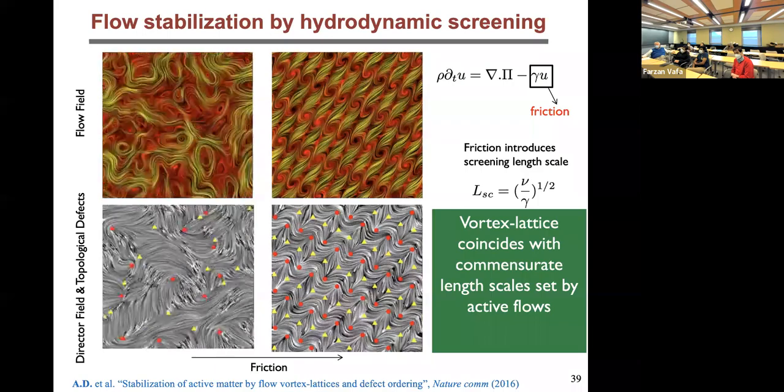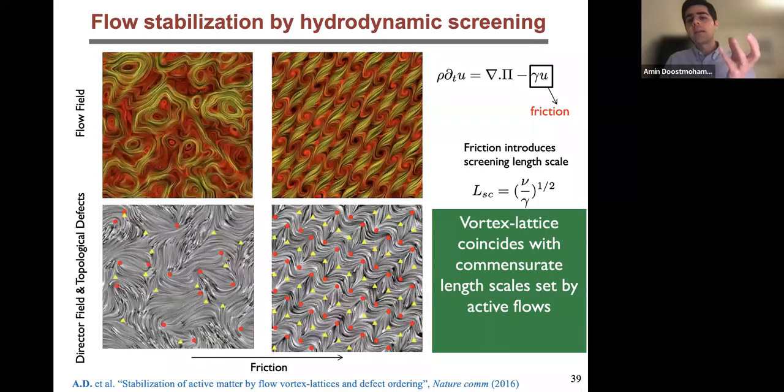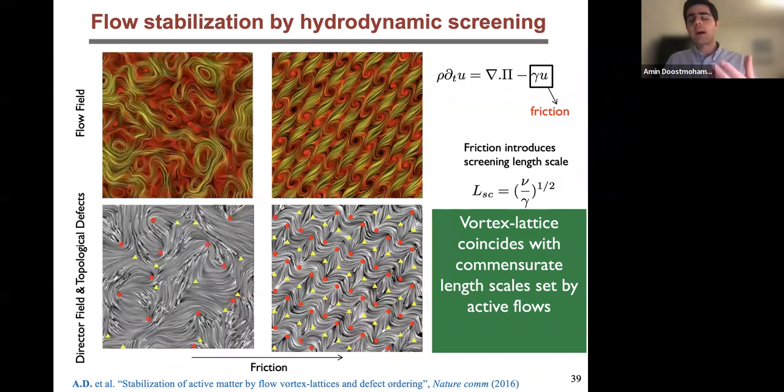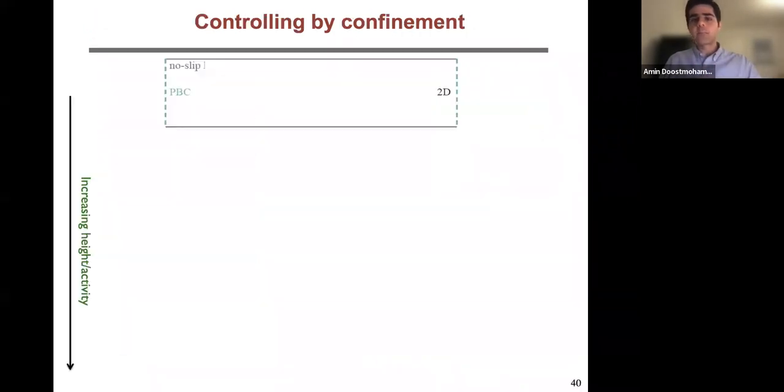Great. Now, as I mentioned, we can also impose hydrodynamic screening by confining the system. So this is what we did next. We put the system in a confinement, with no-slip boundaries on top and periodic on the sides. We can play with both the height of the confinement and the activity.